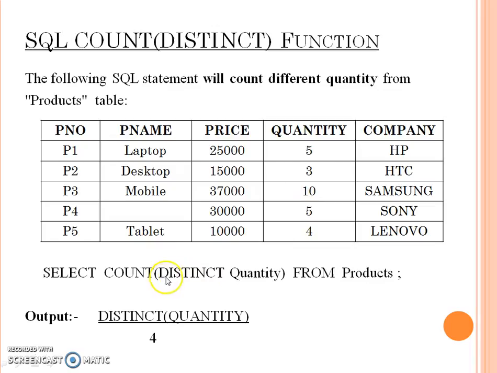If I am using count distinct and column name, it is not going to count the 5 as 2 values, but it will count it as 1 product quantity, right? So the output I am going to get is 4. No duplicate values will be counted if you are using count distinct with a column name, right?